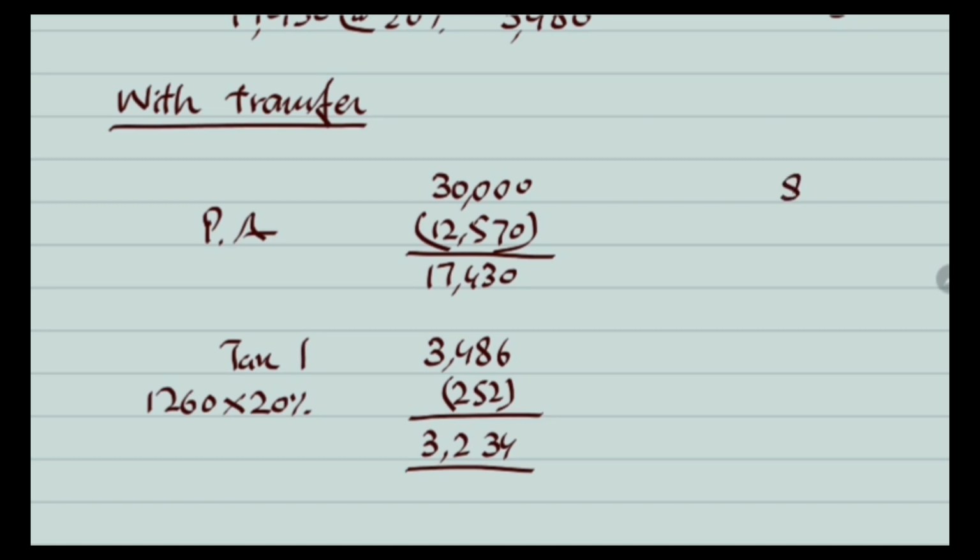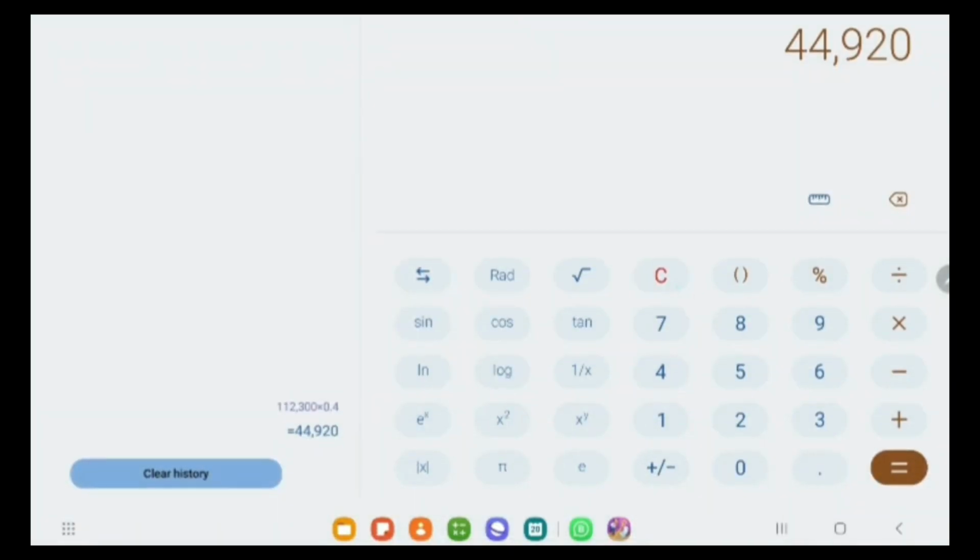And in the case of Mary, she has a total income of 8,000, and as a result of the transfer of 1,260 of her personal allowance, her personal allowance is now reduced to 11,310.